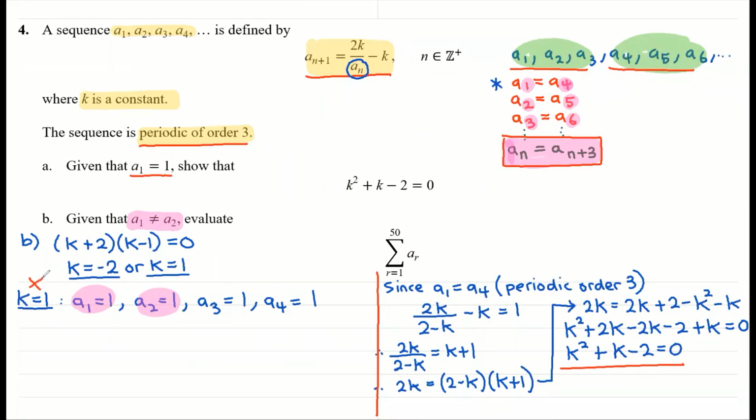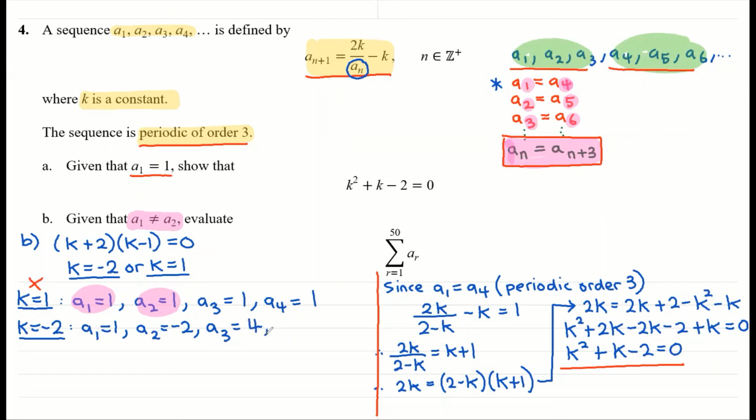What we need to do is consider what happens when k is equal to -2. So when k is equal to -2, we're going to have the following sequence. A1 is equal to 1. A2 is equal to k, which is -2. A3 is equal to 2 subtract k, which is 2 subtract -2, which is 4.